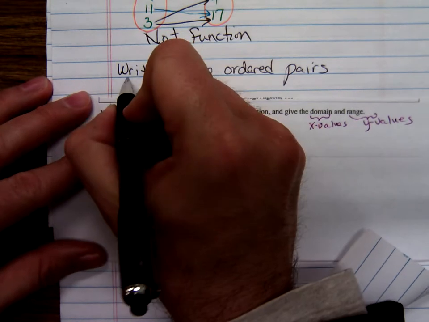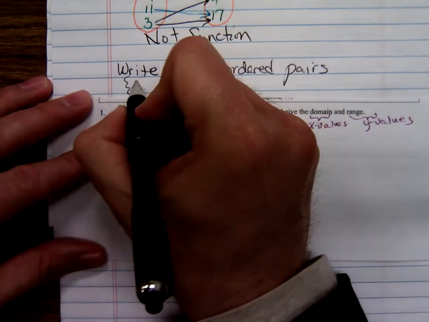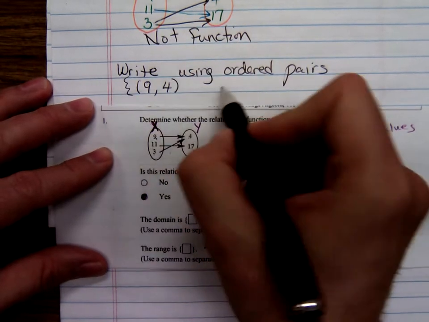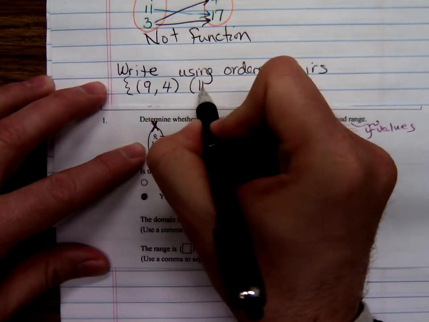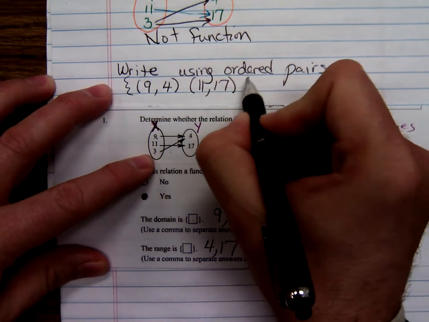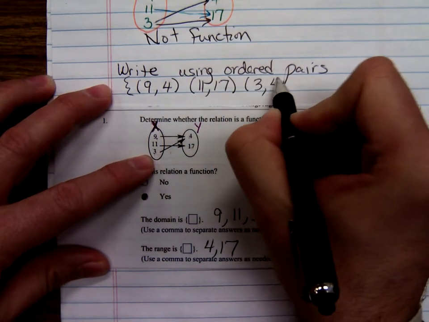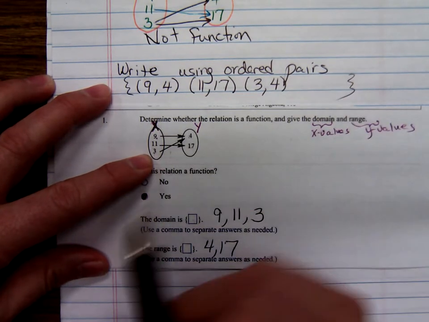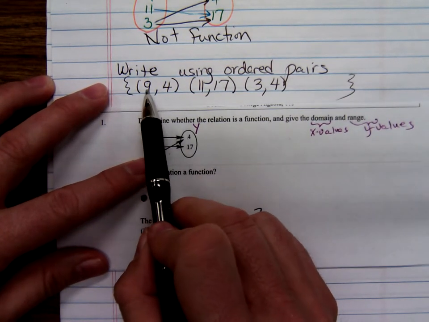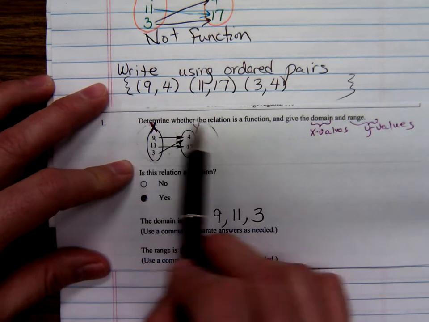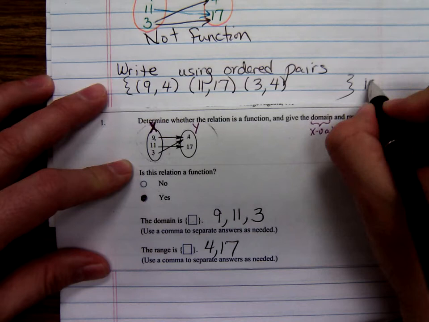It would look like this: 9, comma 4. 11, comma 17. 3, comma 4. Okay. This one is a function.